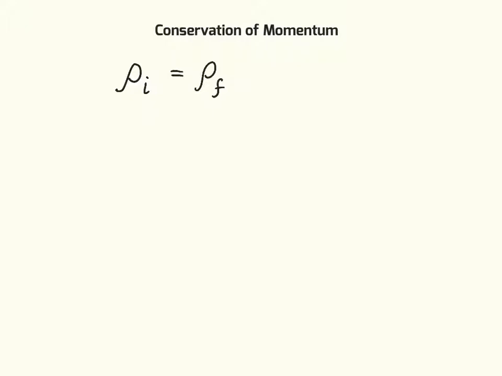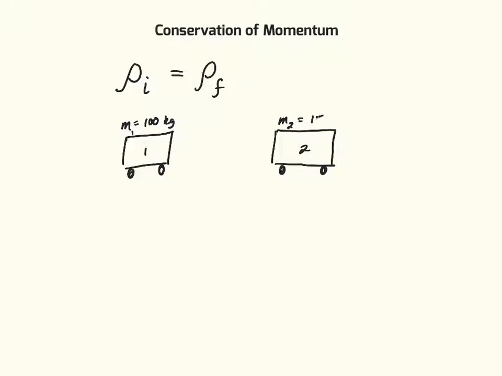I think the best way to show you is by going through a problem. Let's say I have two railroad cars, car 1 and car 2. Car 1 has a mass of 100 kilograms, and car 2 has a mass of 150 kilograms.